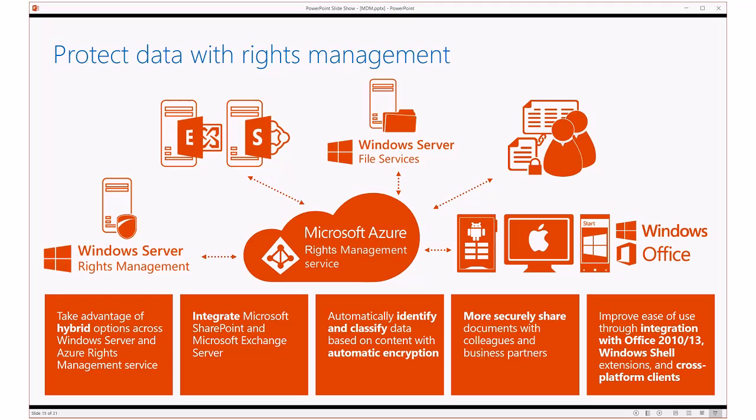Well, RMS will basically give you the ability to encrypt that content, and if they go through that process of emailing it to their Gmail and then copying it down to a personal device or whatever, the content itself is still encrypted, right? So when they try to open that piece of content from home on their personal device, the content itself is going to ask them to authenticate using that same hybrid identity that we spoke about before.